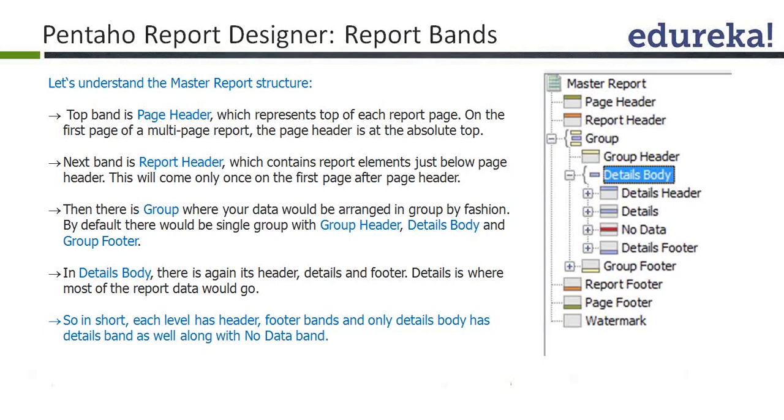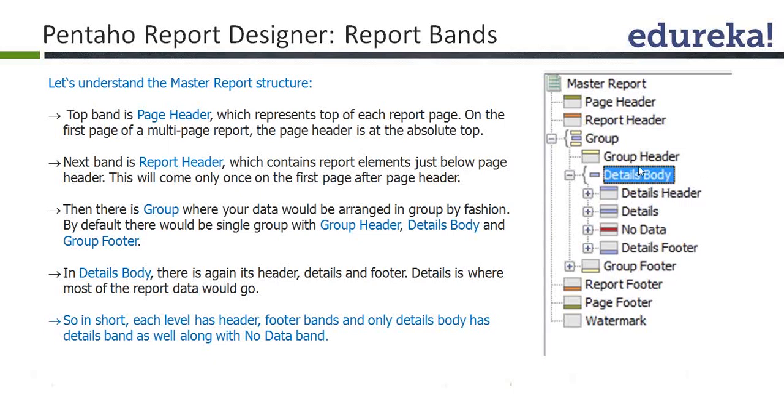In the details body, that is where the actual data will be represented. All the details of that particular region, performance numbers will be arranged. A few charts, if you want, you can add. Again, details will have header and footer.